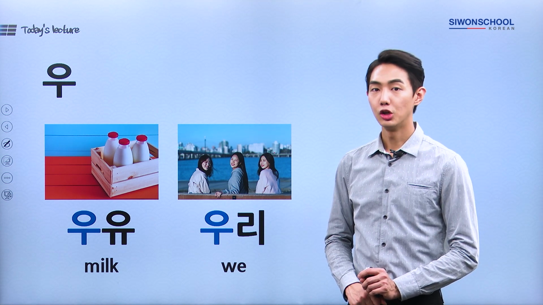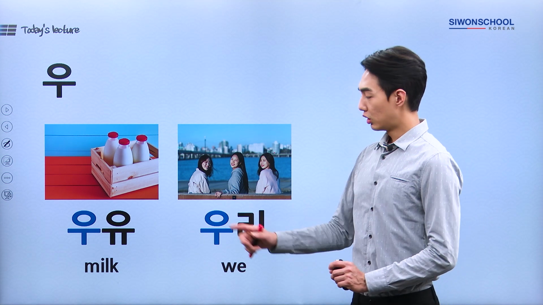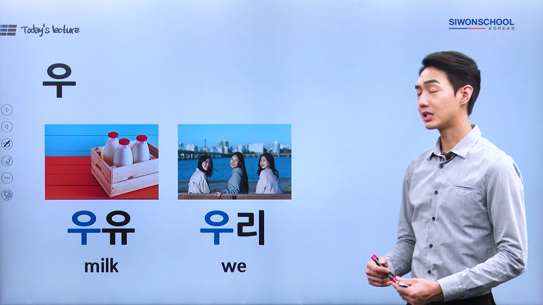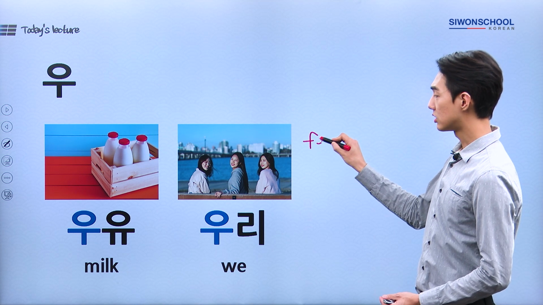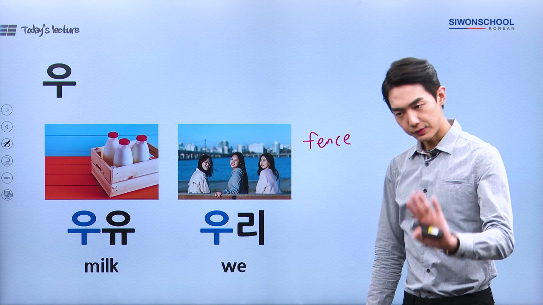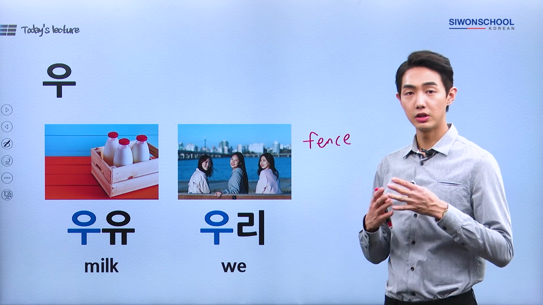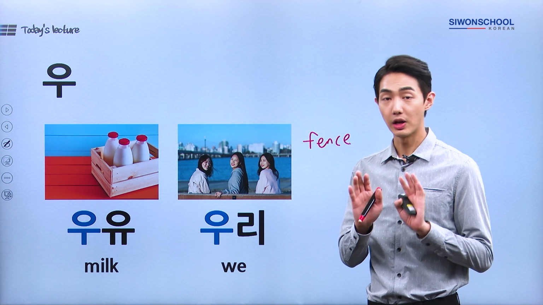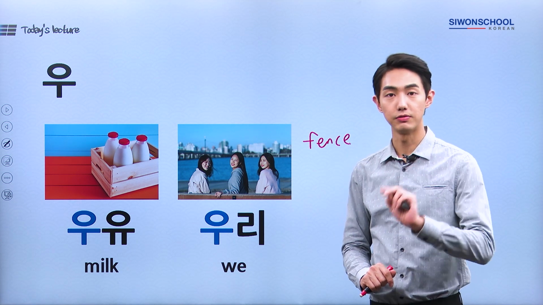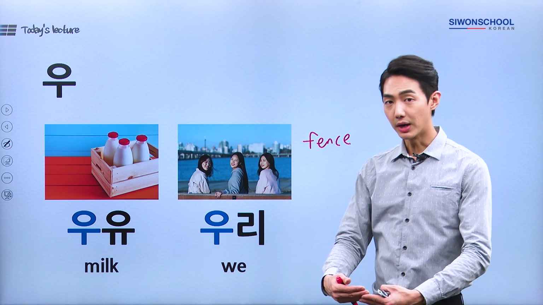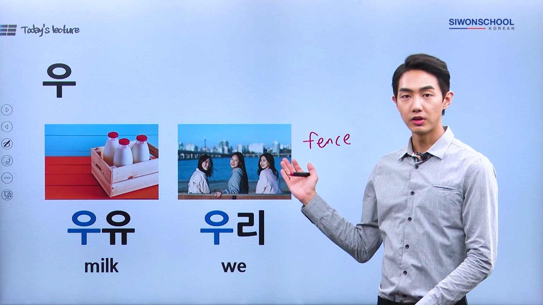And what? 우리. 우리 actually has another meaning. It also means fence. There are a few words that are written the same but have different meanings. 우리 means we, but 우리 also means fence.